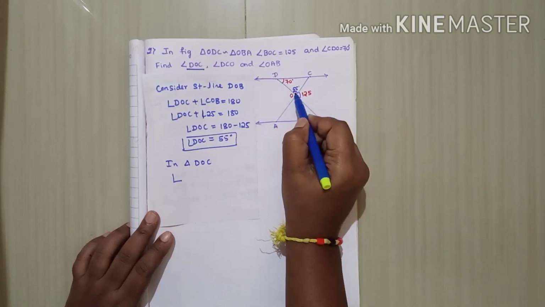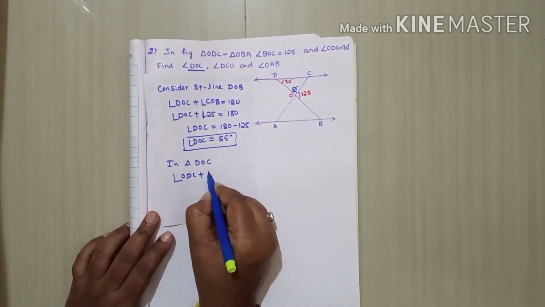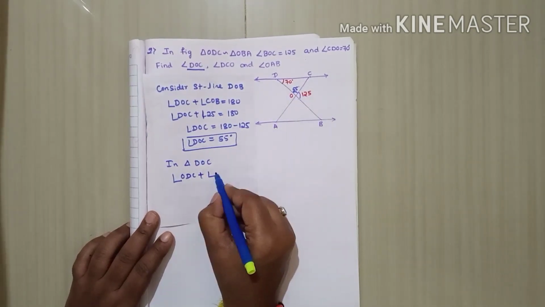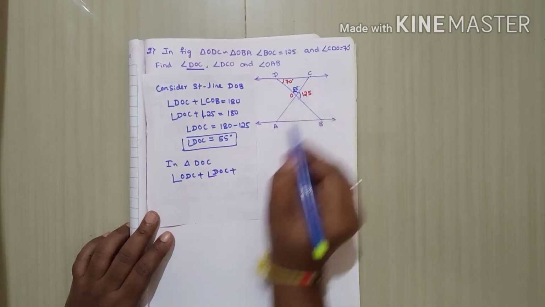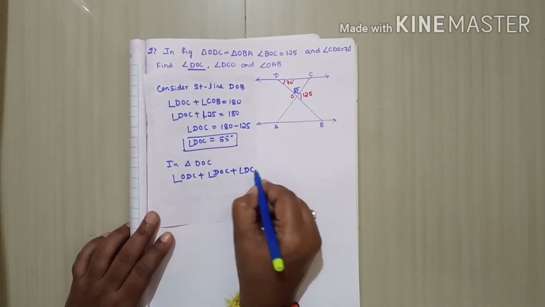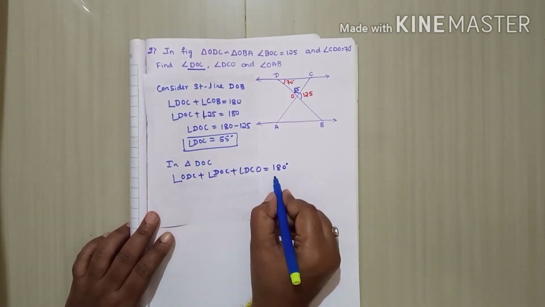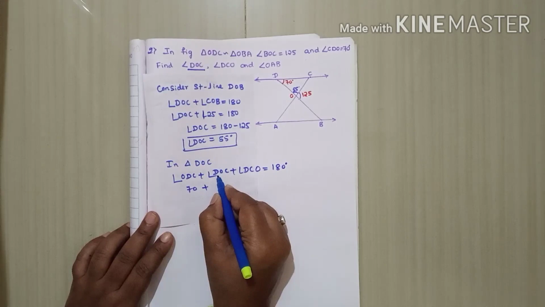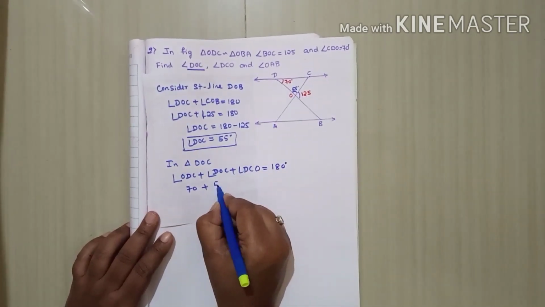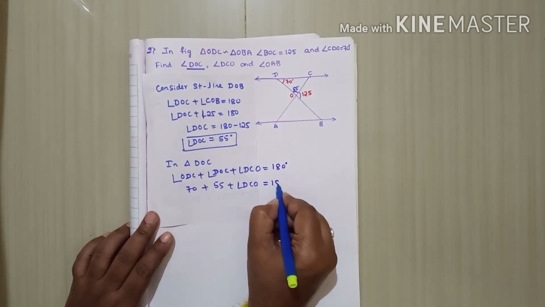This angle I will write as ODC, plus this angle DOC, plus DCO is equal to 180 degrees. The sum of the angles in a triangle is 180 degrees. ODC is 70, plus DOC 55 degrees, plus DCO is equal to 180 degrees.